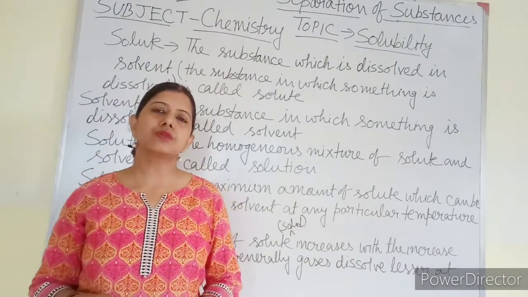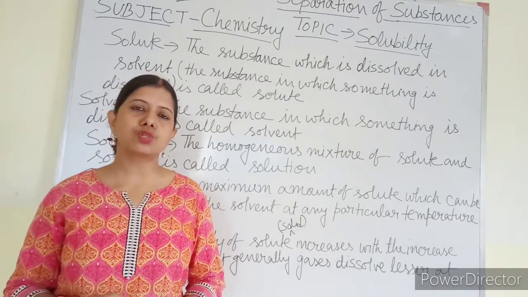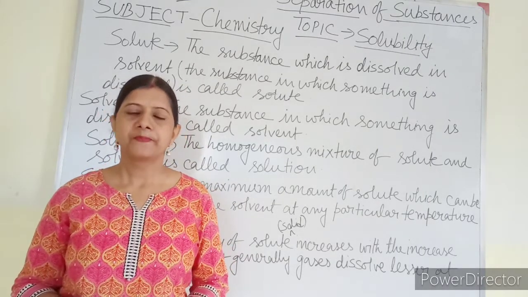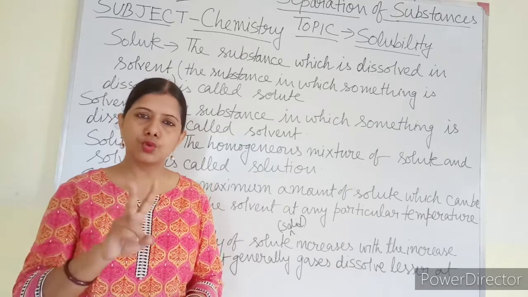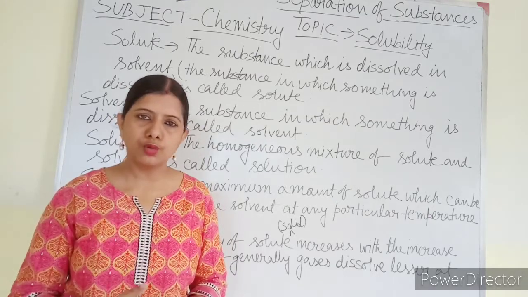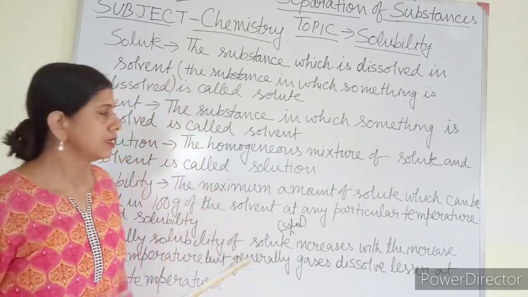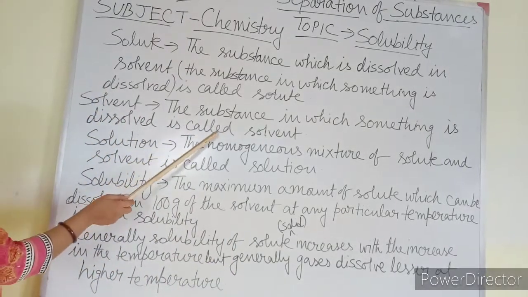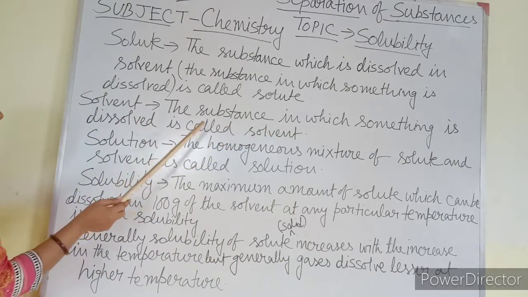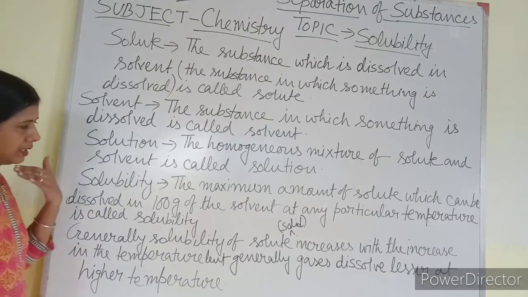Generally, the amount of solute is less in a solution as compared to solvent. Solution is made up of two components: one is solute, another is solvent. The substance in which something is dissolved is called solvent.